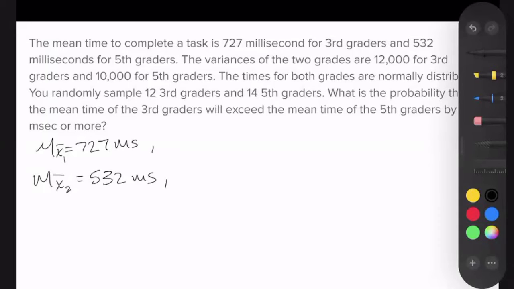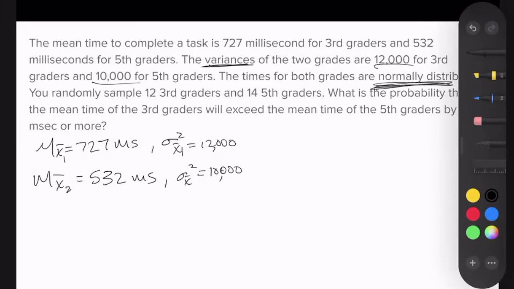And then we're given variance, so pay attention to what you're given. So my first variance is 12,000 milliseconds, and my second variance is 10,000 milliseconds. And it says the times are normally distributed.